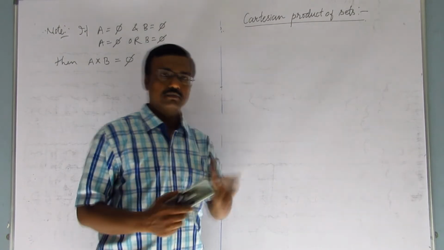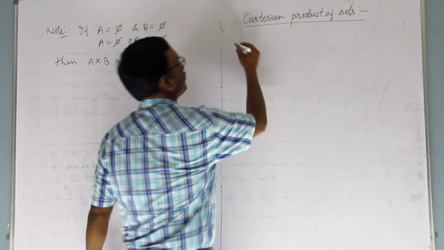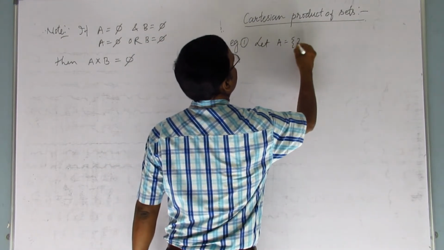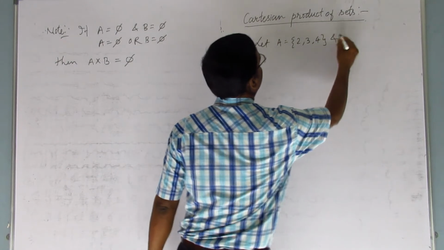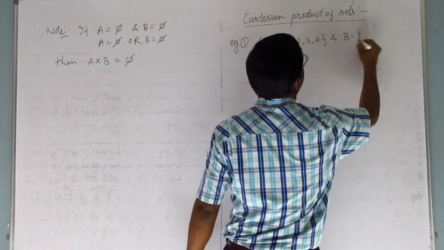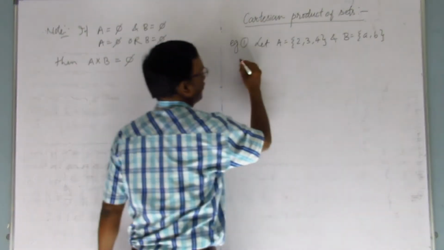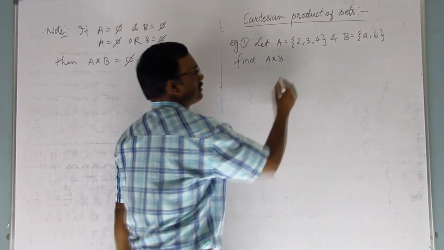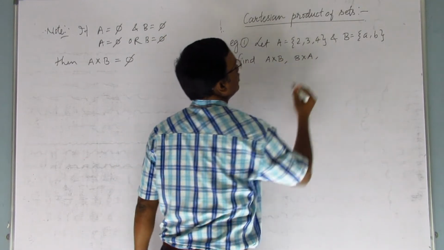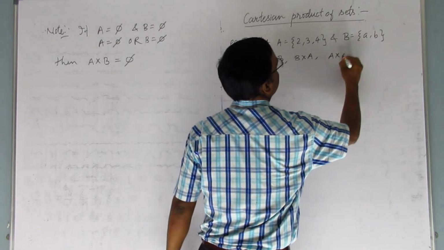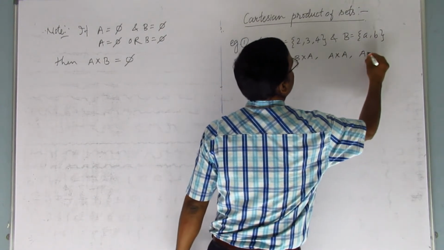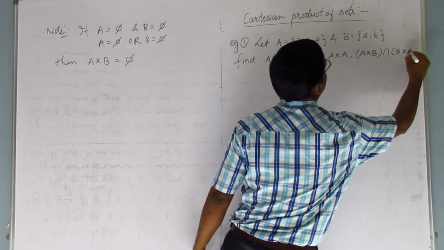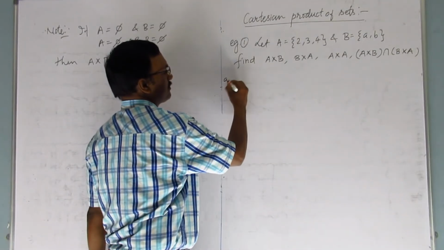Now let us do one example based on Cartesian product. Example 1. Let A be {2, 3, 4} and set B be {a, b}, and find A cross B, the Cartesian product of A and B, B cross A, A cross A, and then A cross B intersection B cross A. We have to find out all these.